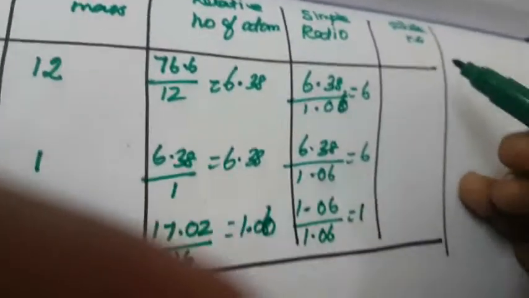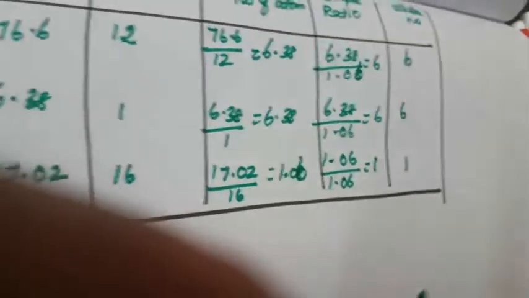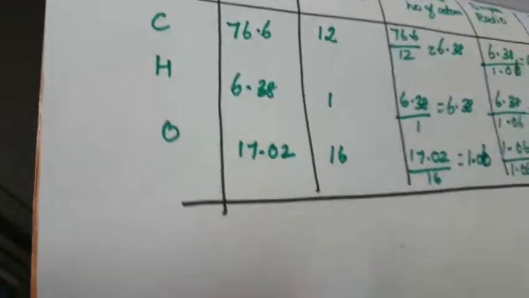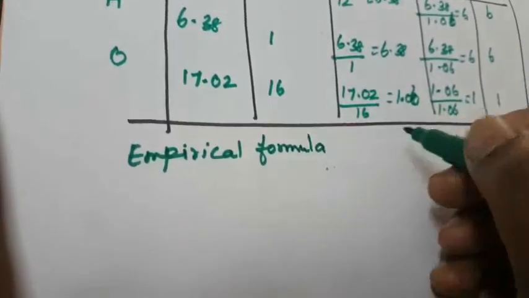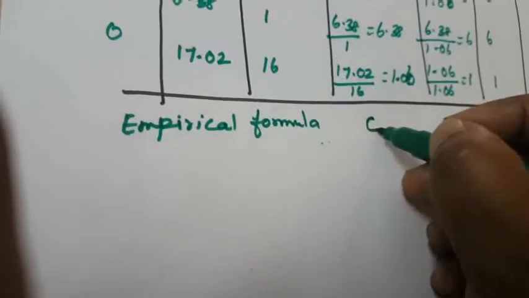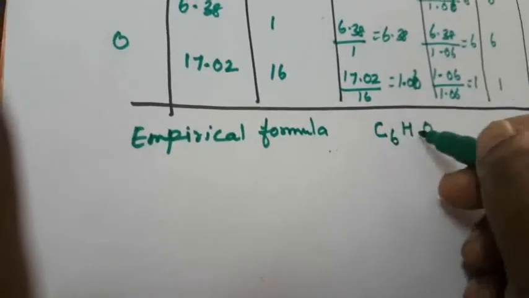Okay, the whole number is 6, 6 and then 1. So next we are going to write the empirical formula. You can write it without changing the order: carbon, hydrogen, oxygen, C6H6O.